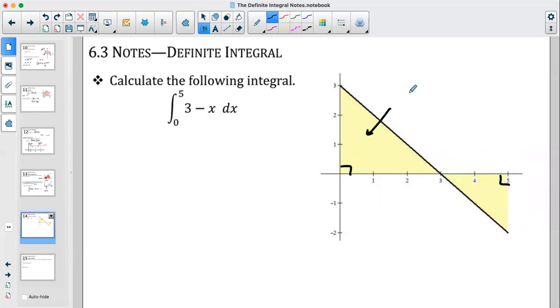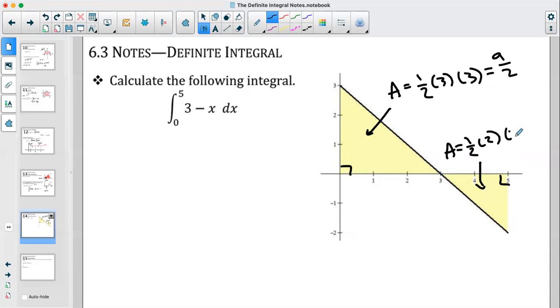So the area here is 1/2 times the base, which is 3, times the height, which is also 3. So that's 9 times 1/2, it's 9/2. And the area here, do it the same way: 1/2 times 2 times 2, and 1/2 of 4 is 2.